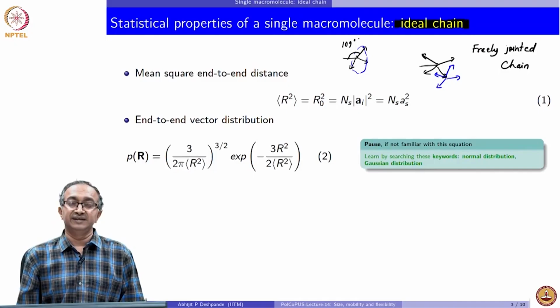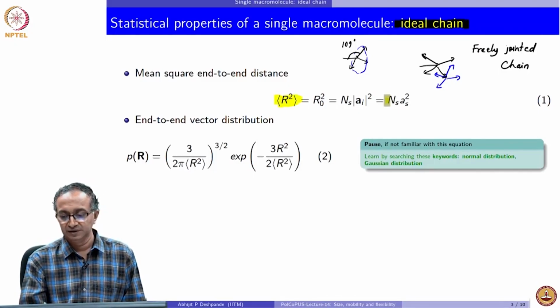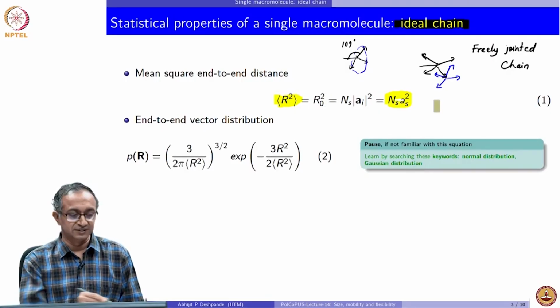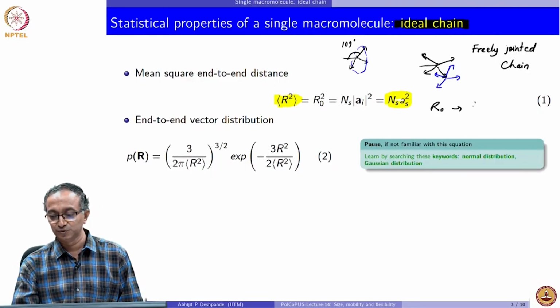So in case of ideal chain, the end-to-end distance can be shown to be the number of links and the length of the link squared. If you look at in terms of distance, this is mean square distance, but the distance, or it's also called root mean square.